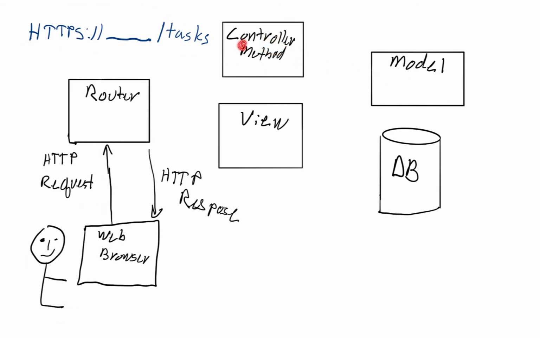After the controller has all of the tasks, it will then choose a view, and by default, it uses the same name as the method. So if we're in the index method, it will choose the index view. The view will generate some HTML, and then that HTML will get sent back to the web browser over the internet, and we'll see a list of all of our tasks in our browser.